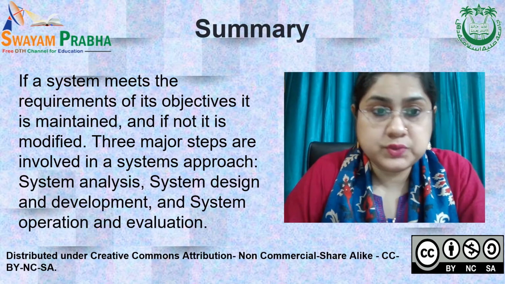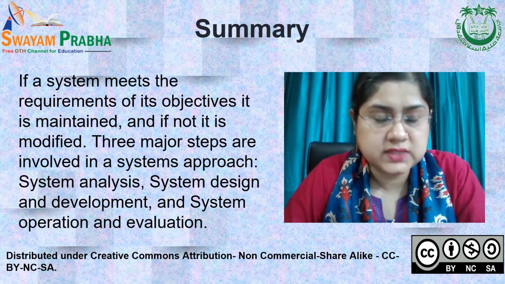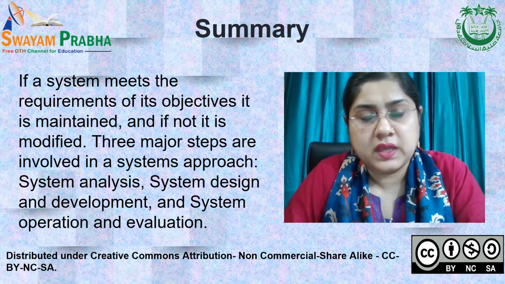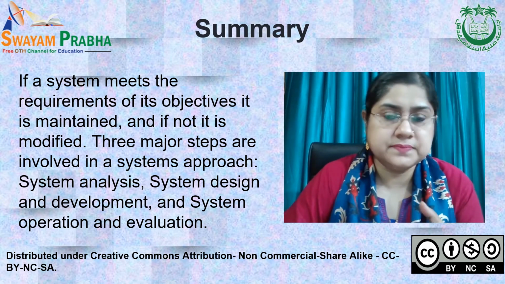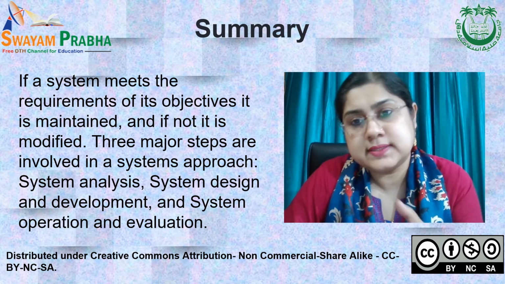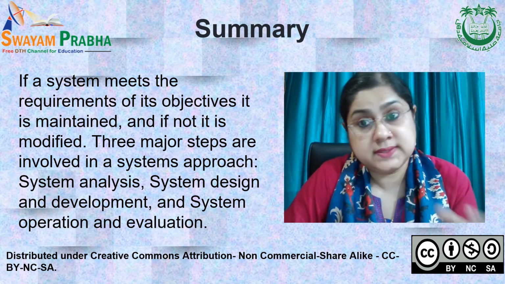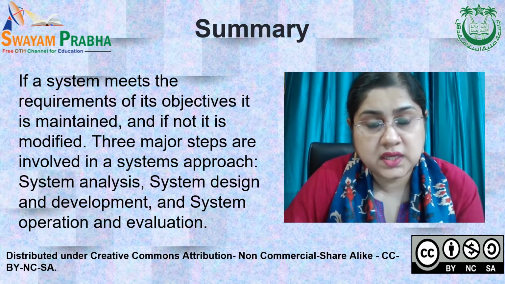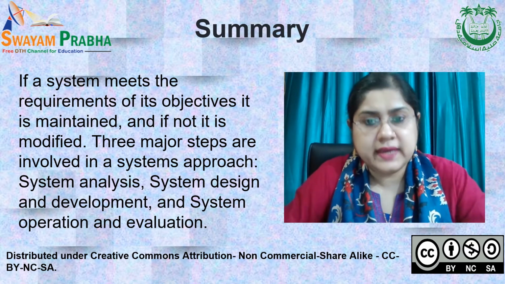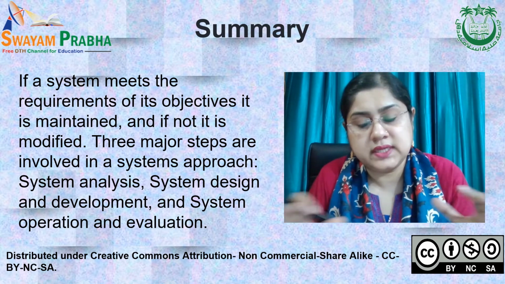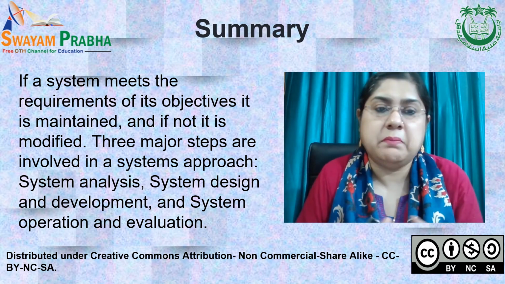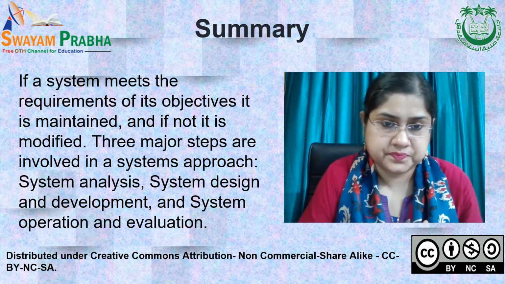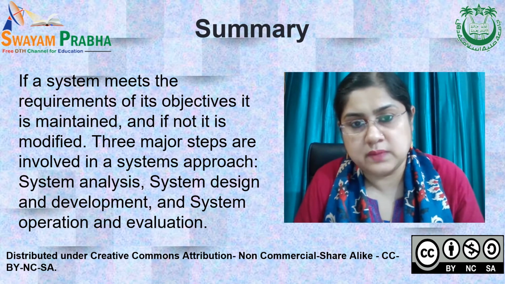So let us try to recapitulate what we have studied today in this session. We have seen that a system, if it meets the requirements of its stipulated objectives, the entire machinery or the entire system is maintained as it is, because it is meeting the requirements.